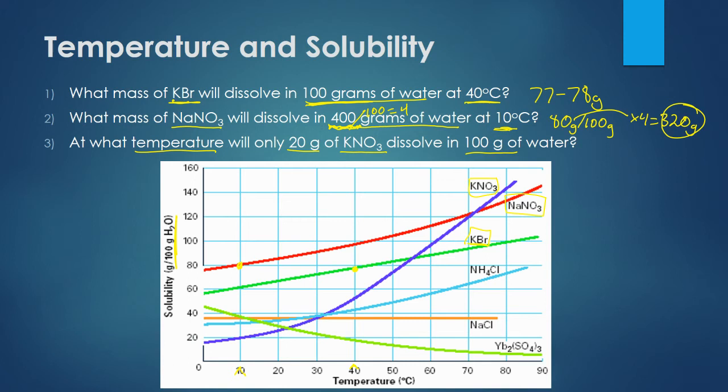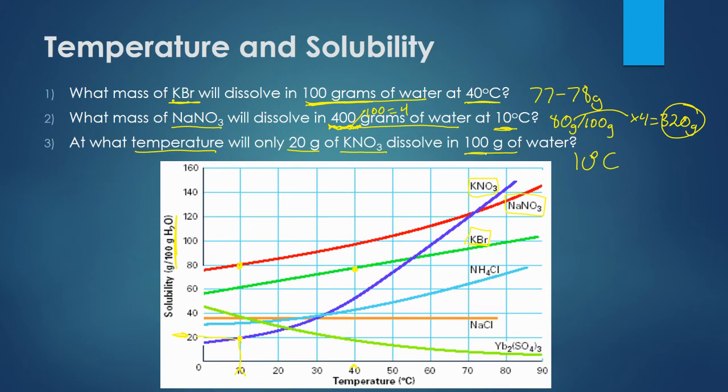Instead, we're given the grams of solute, which is 20. So we're going to start here and work our way to the blue line to see at what temperature it hits. So I come in here, it's here, which happens to be at 10 degrees. Therefore, it's at 10 degrees Celsius.